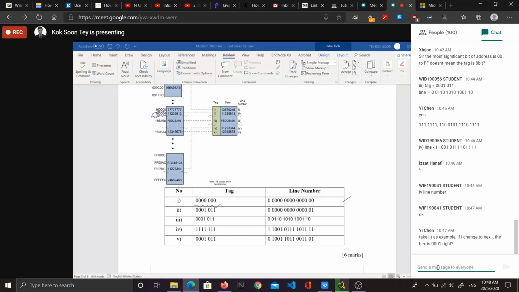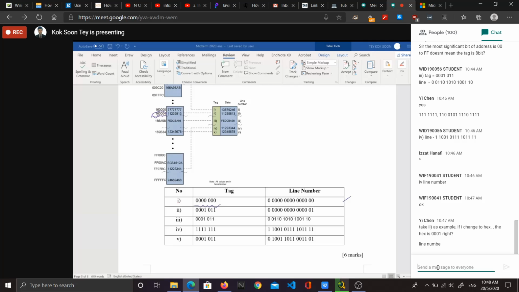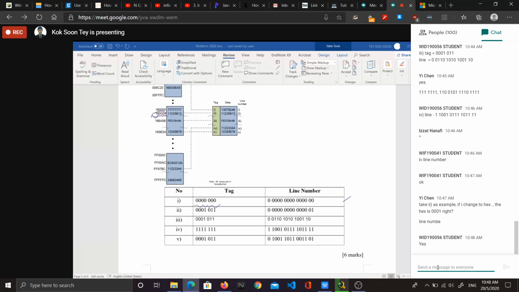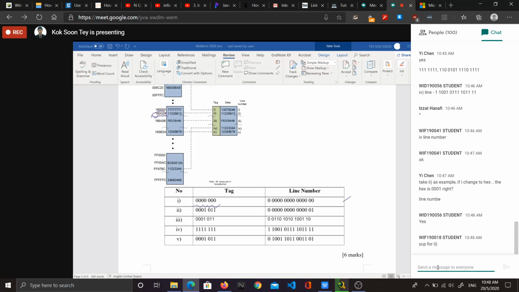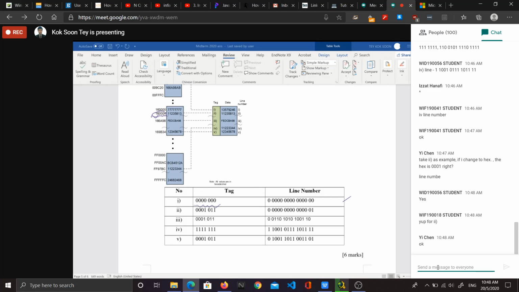If you change to hexa, it's 0001. Number 2 as an example.